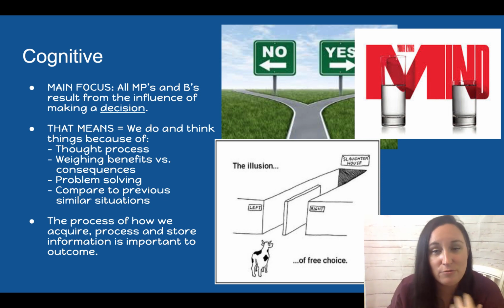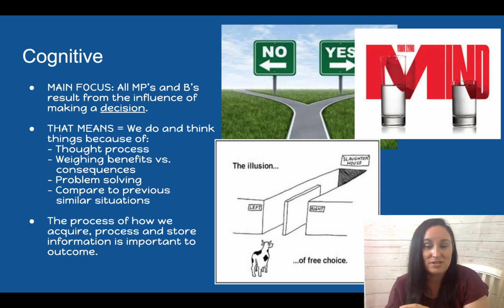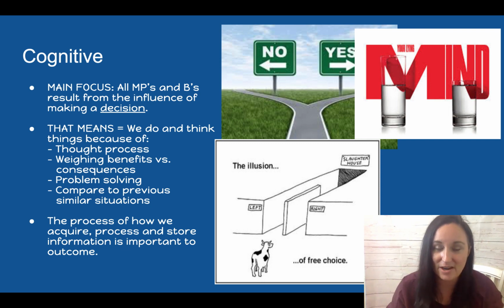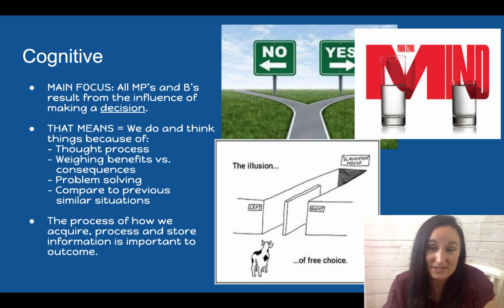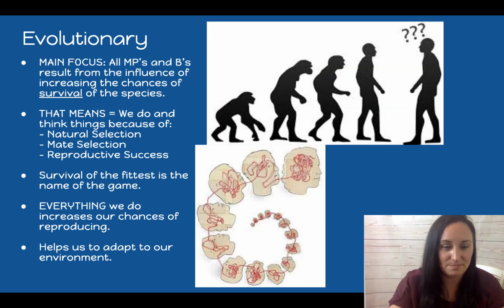But the cognitive psychologists say we can just weigh things in our head and make decisions without anything happening to us. Maybe we've never experienced it, we have no idea about something, but we still think in our brains about what to do, and that thinking affects our behavior, and it affects the way we feel, and it affects the way we think in the future. So cognitive equals decision.